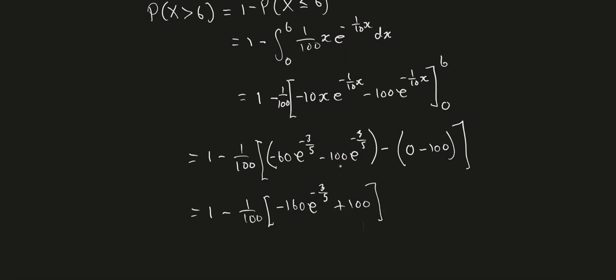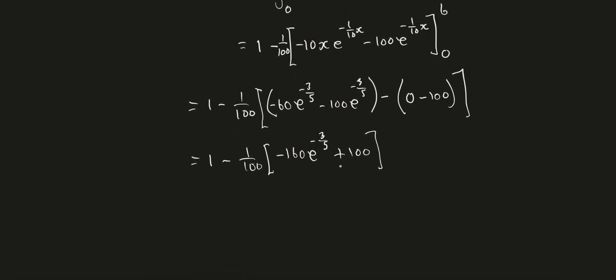All right, well, look at that. Look at what happens here. If I distribute the negative 100 now, I'll have 1, and this becomes a positive 160 over 100. So what's that? 8/5. So a positive 8/5 e to the negative 3/5. And then this negative 1 over 100 times a positive 100 gives me a negative 1.